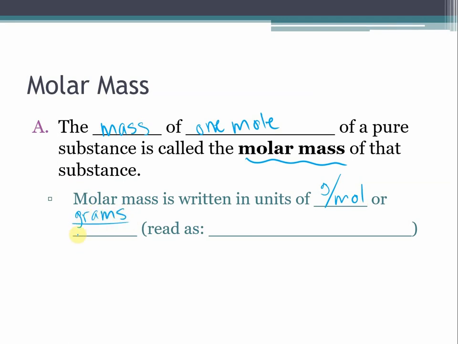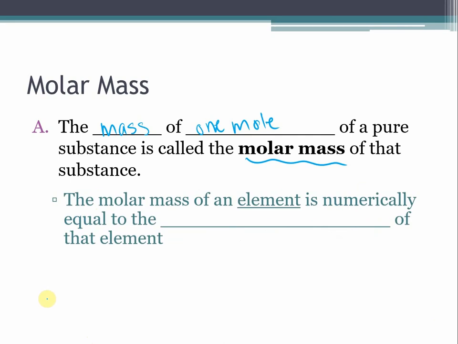Yes, these are the same thing, but for some reason, some people will see it one way and not understand that these two mean the same thing. So g/mol, or actually grams over moles, mean the same thing, and it is read as grams per mole. So those are your units.